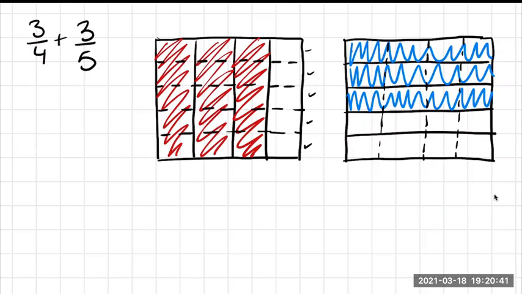So let's count total how many pieces we have. 1, 2, 3, 4, 5, 6, 7, 8, 9, 10, 11, 12, 13, 14, 15, 16, 17, 18, 19, 20. Same for this one. We have 5, 10, 15, 20. So our new denominator is going to be 20.